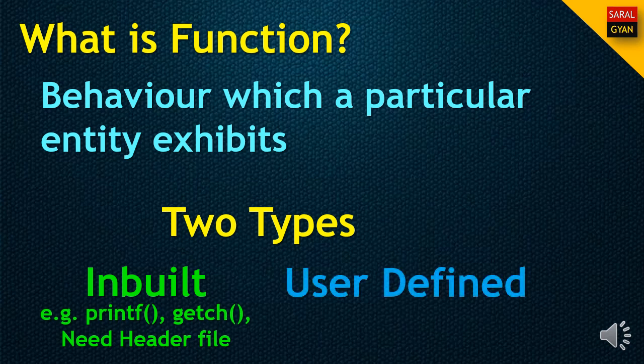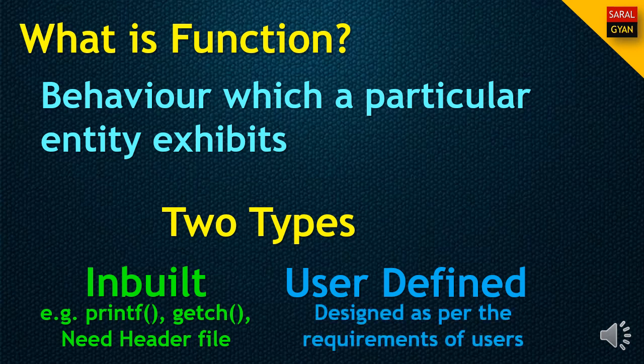The second category of function is the user defined function. Sometimes we are not satisfied, or we want to define a function which should work as per our own requirement. Such functions, which are not defined in the environment and which we define as per our own wish, are known as user defined functions.